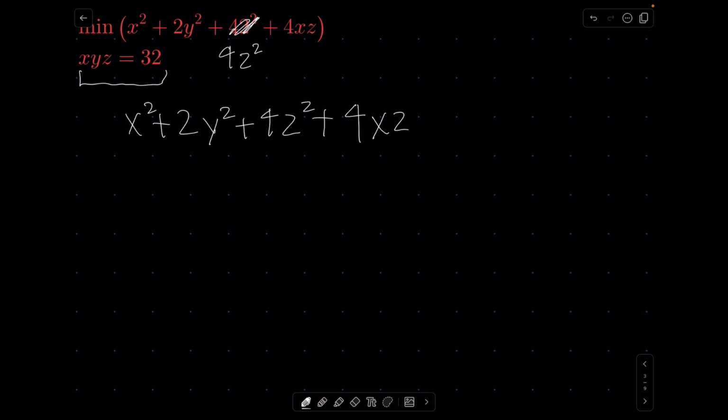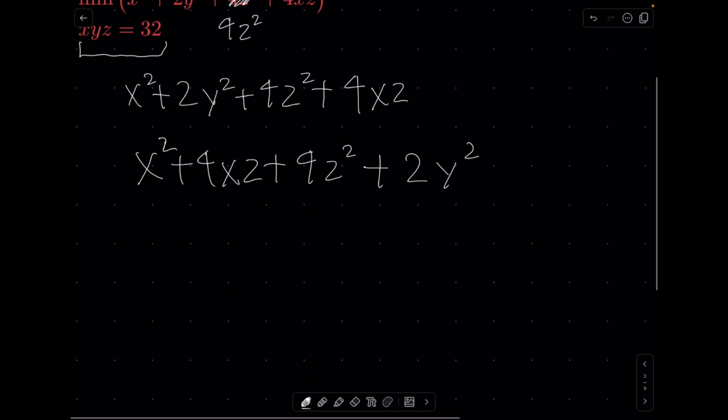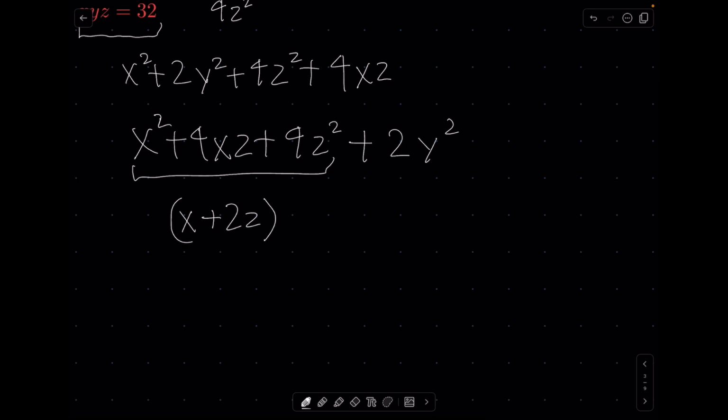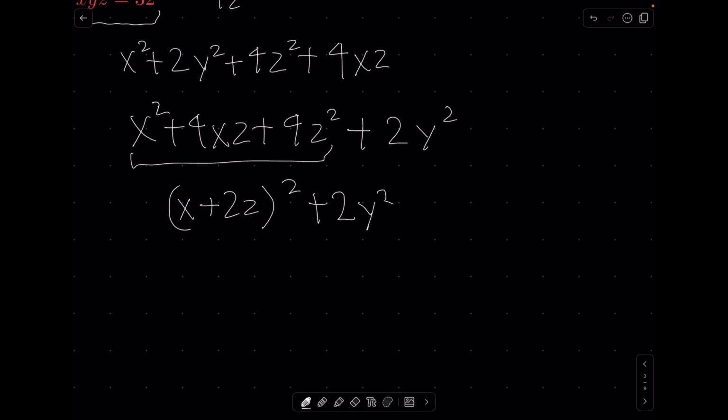Here we can use some convenient identities, so let's just rearrange it real quick. You have x squared plus 4xz plus 4z squared plus 2y squared. And here, some of you might recognize that this is a perfect square: x plus 2z squared plus 2 times y squared.